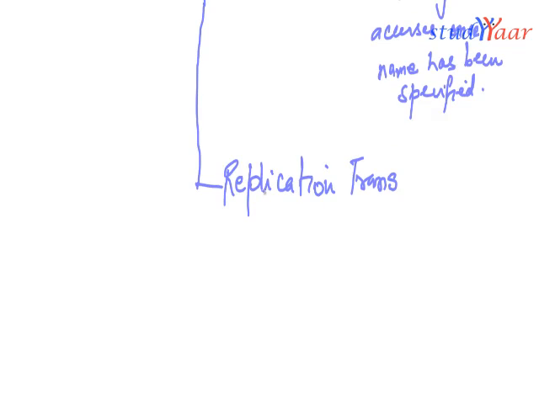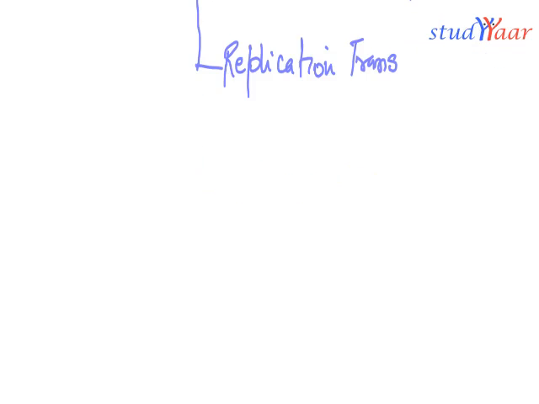Replication transparency is about maintaining the replication without the user knowing anything about it. Let's suppose I have an employee table and that employee table is replicated across two sites.